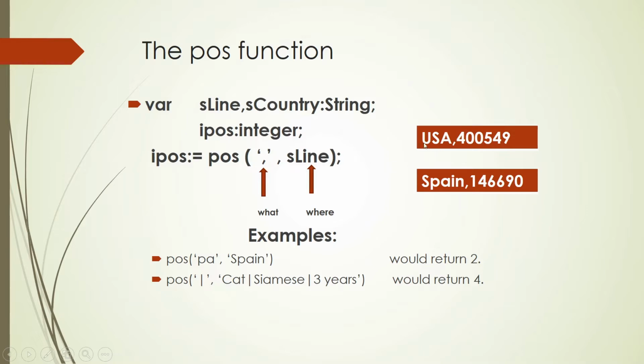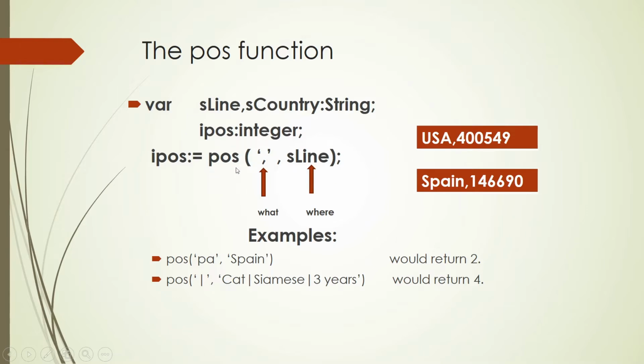So I have a string called s-line, and this line is storing the name of the country, followed by a comma, and followed by the number of software developers in the country. So I want to find the position of the comma in this particular example.